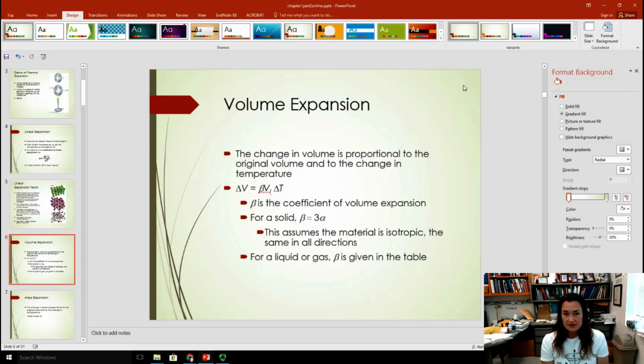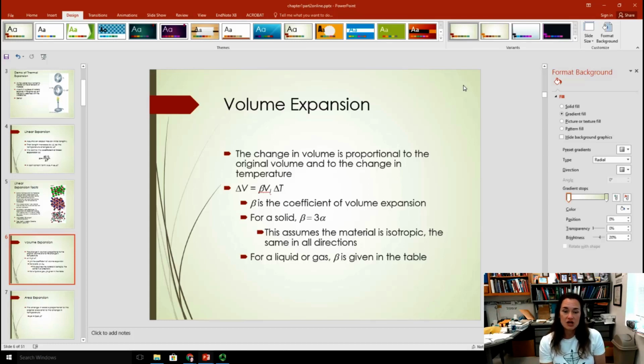For solids, beta is equal to 3 times alpha to a linear approximation, and so it's a good approximation for most times. This is if the material is isotropic, when it's the same in all directions, which, as we just discussed earlier, for single crystal materials might not be the case, but works most of the time for most materials.